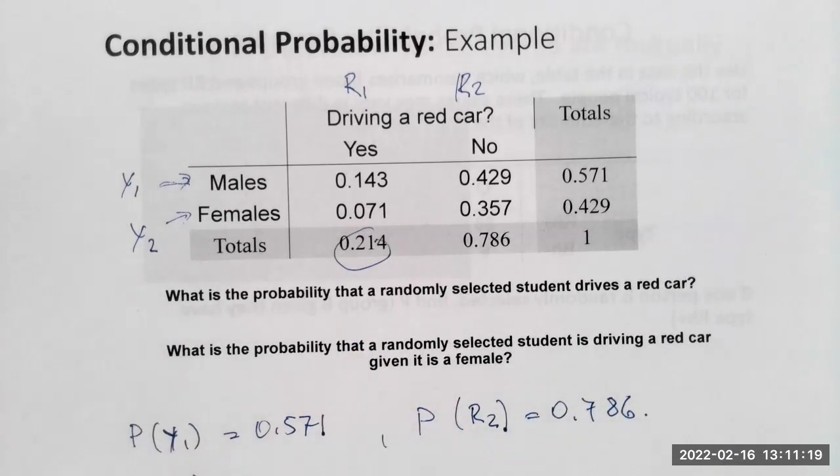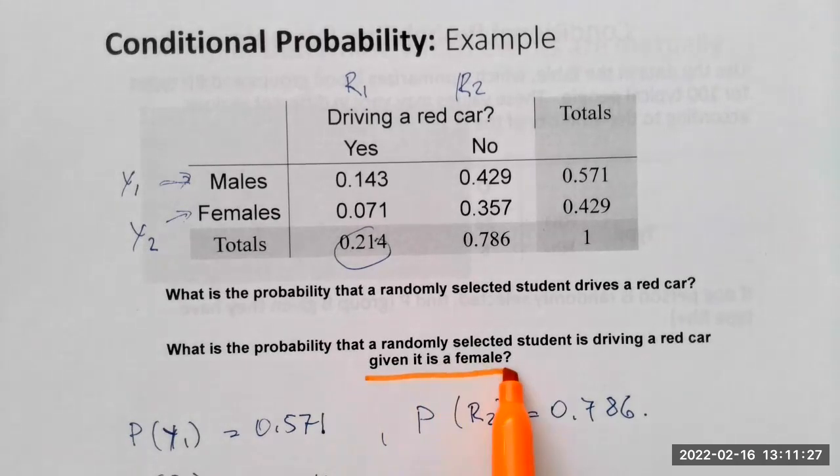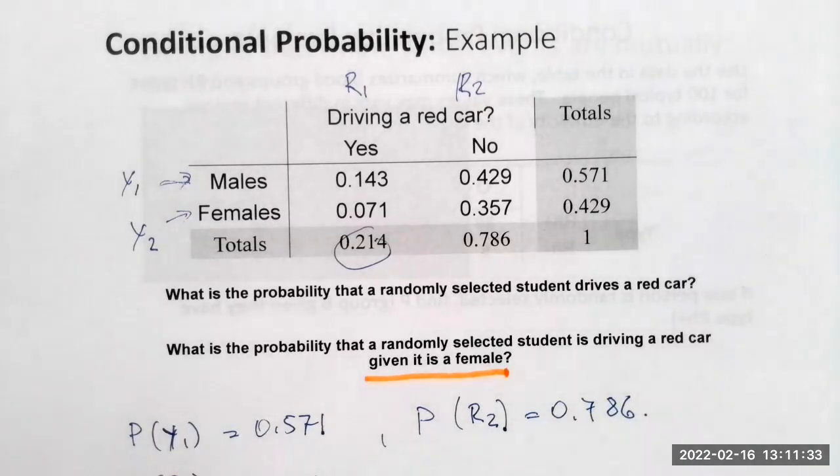So now we're getting into the conditional probability field. When we have information given prior to finding a probability, that's a conditional probability: we already know something about that event, some surrounding or prior information. So we know that the person is female.